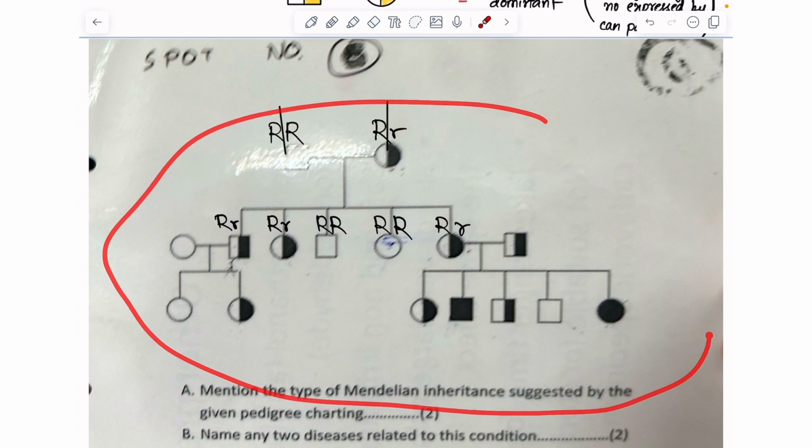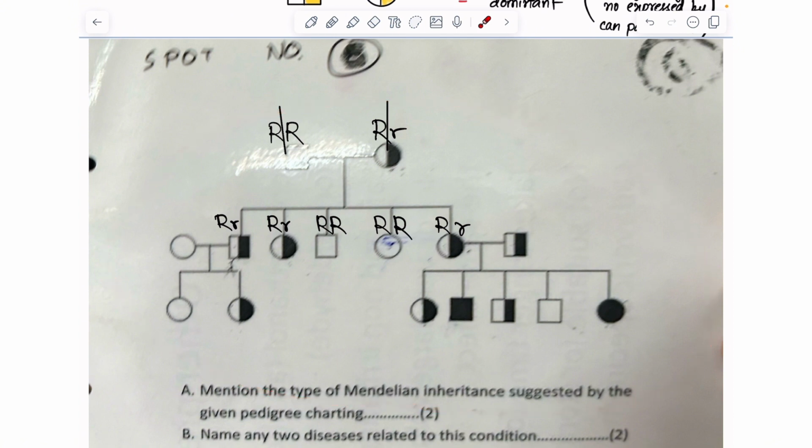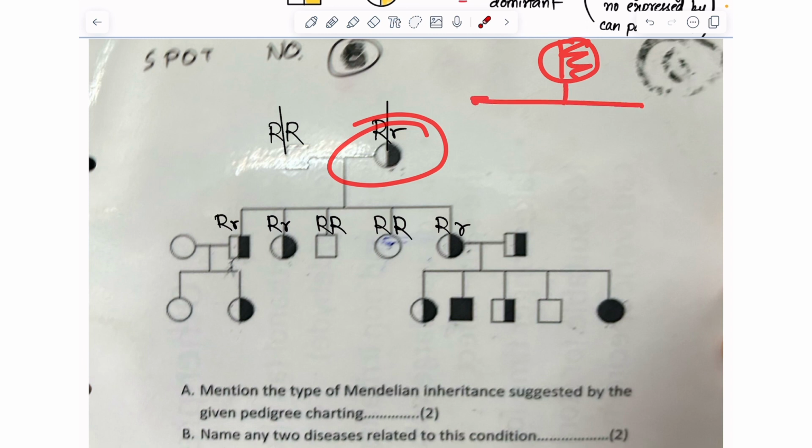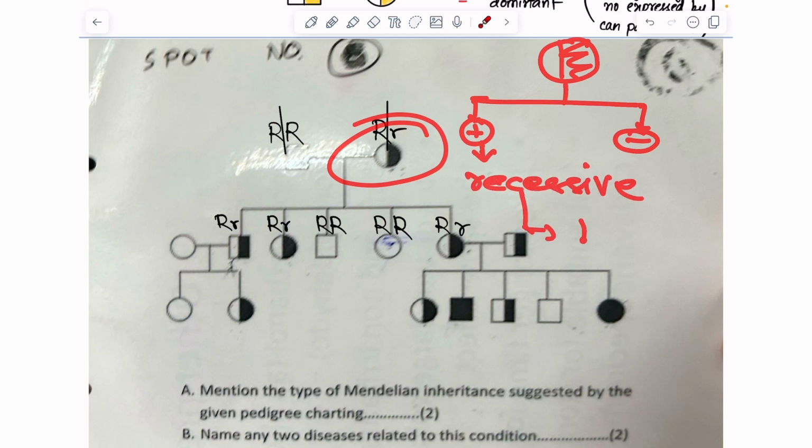So one trick to identify the type of inheritance in a pedigree is to first check for carrier: present or absent. Since the carrier is present, that means there is recessive inheritance. Now, it can either be autosomal recessive or X-linked recessive.